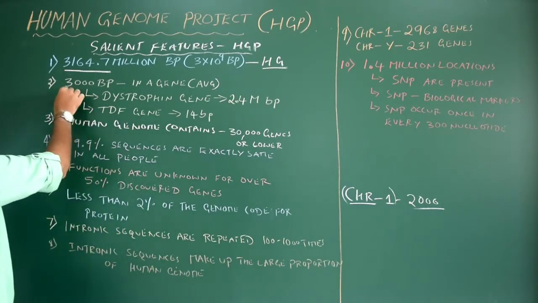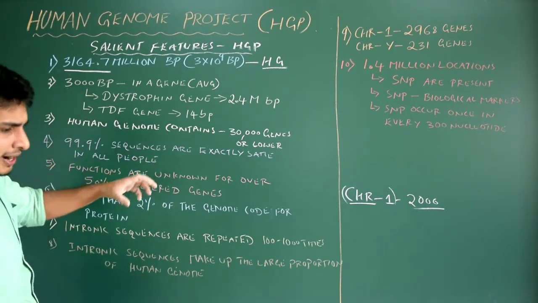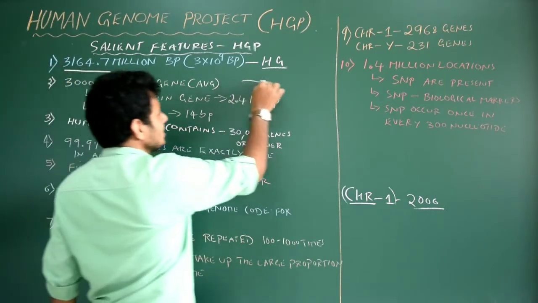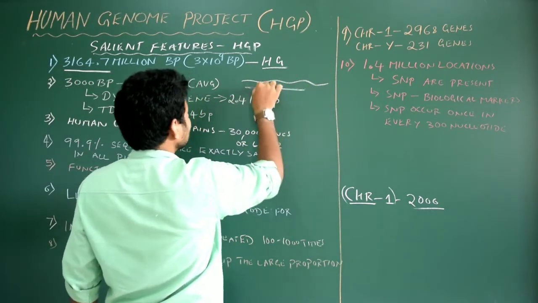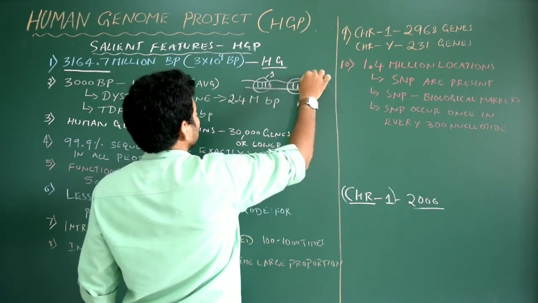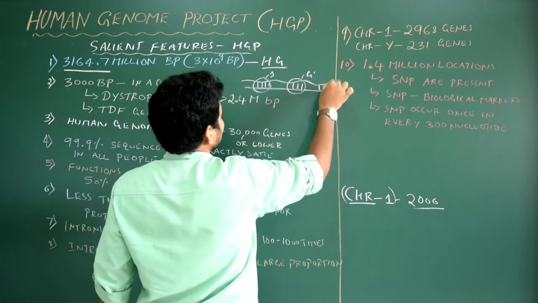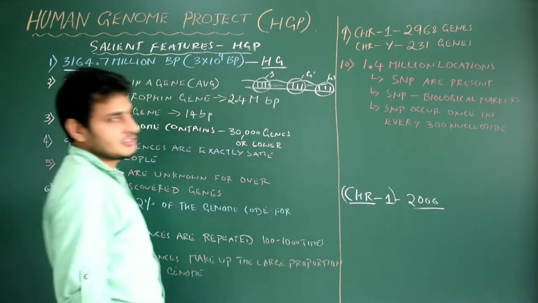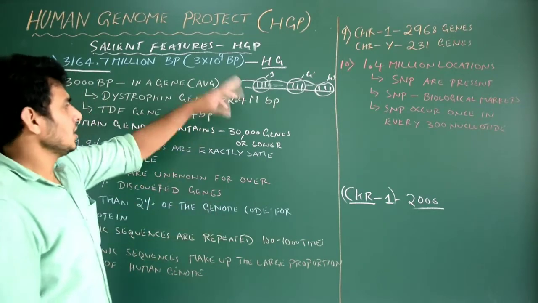Then they also identified that on an average, if you take one gene, so this is the human genome, and this is gene number 1, gene number 2, gene number 3. But these in between are non-coding sequences which cannot be called genes.